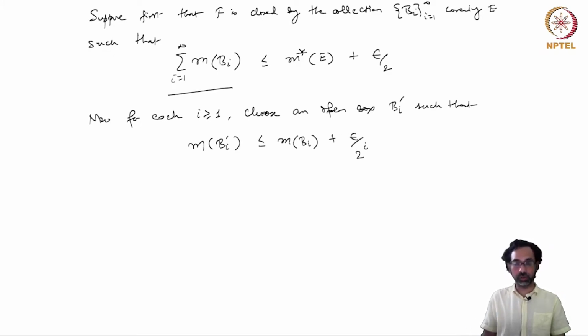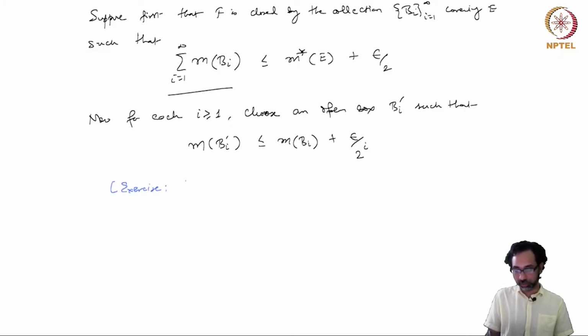So again we are going to use the epsilon by 2 to the power k trick because we want to sum it up in the end. And this is an interesting exercise in its own.